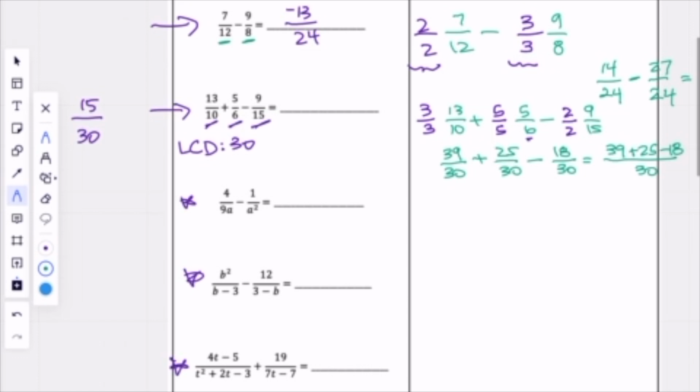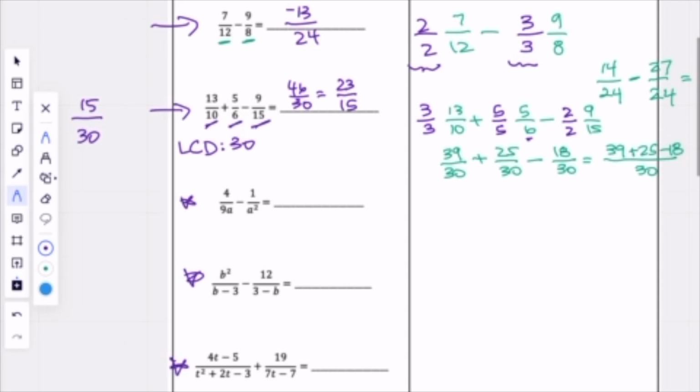And let's see, what would that end up being? 39 plus 25, that's going to be 64. 64 minus 18 is going to be 46. And so we would end up with 46 over 30, which can be simplified because these are both even numbers to 23 over 15.